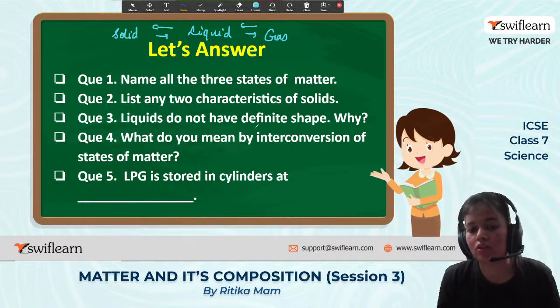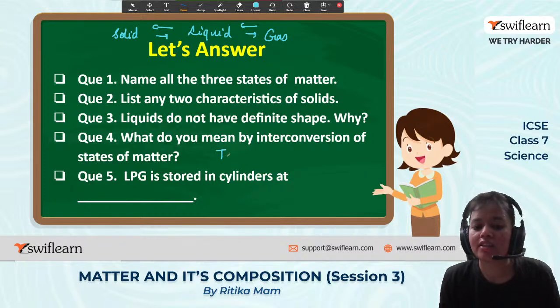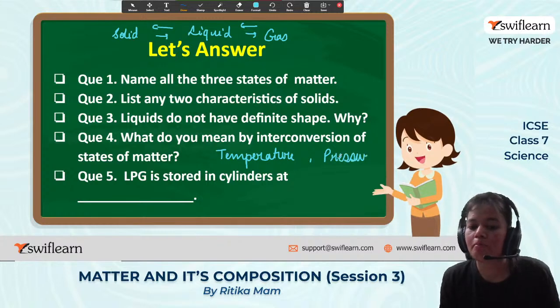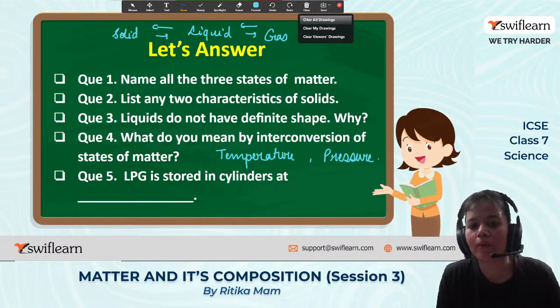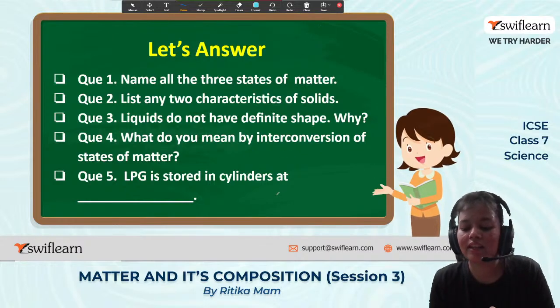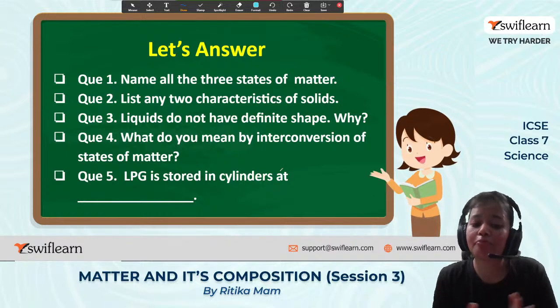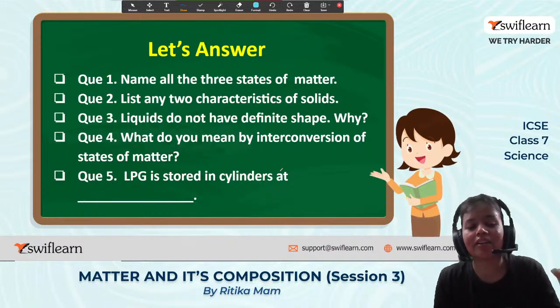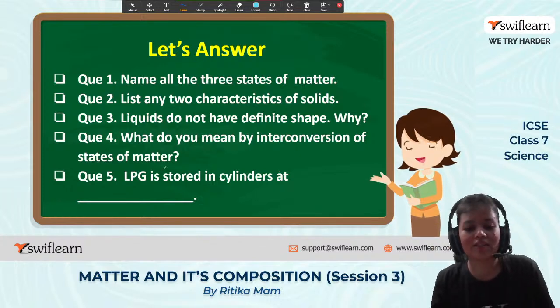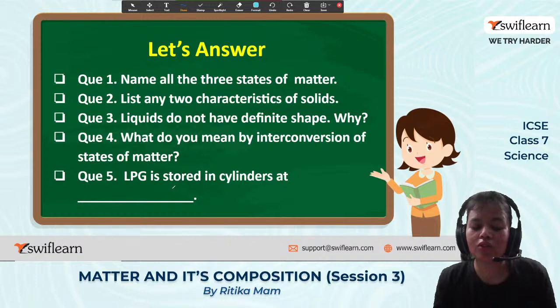And today we saw how it is possible, by changing the temperature or by applying pressure. This is how we can change one state of matter to another. LPG is stored in cylinders at very high pressure so that it turns to liquid, and then whenever we open the valve of the cylinder, it turns into gas.